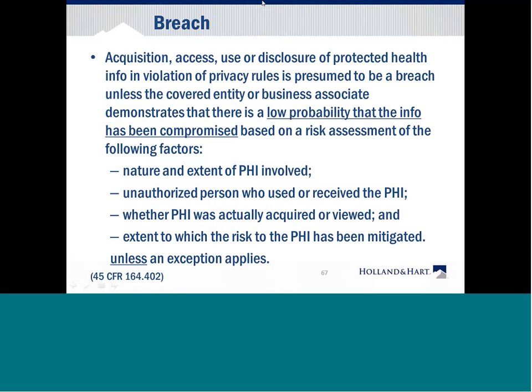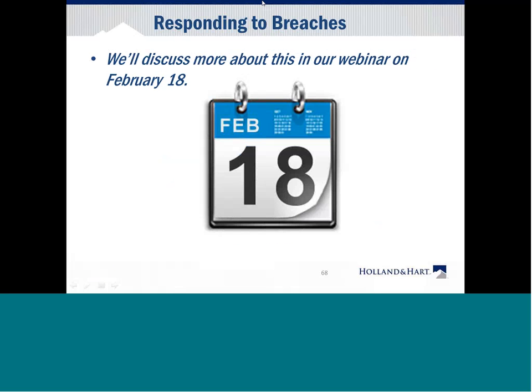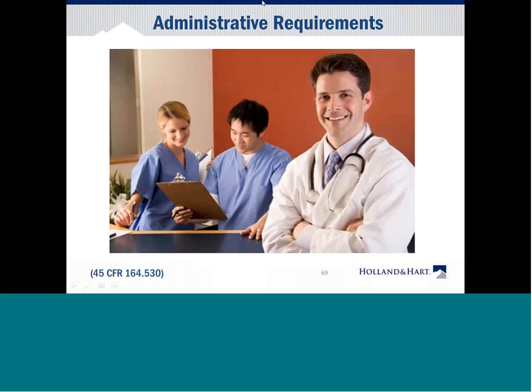How do you tell that? You have to analyze the following factors, including the nature and extent of the PHI involved, the person who used or received the information, whether the information was actually acquired or viewed, and the extent to which the risk has been mitigated. There are certain exceptions to that. The bottom line here is we are going to cover that in more detail in our webinar on February 18th dealing with responding to breaches.